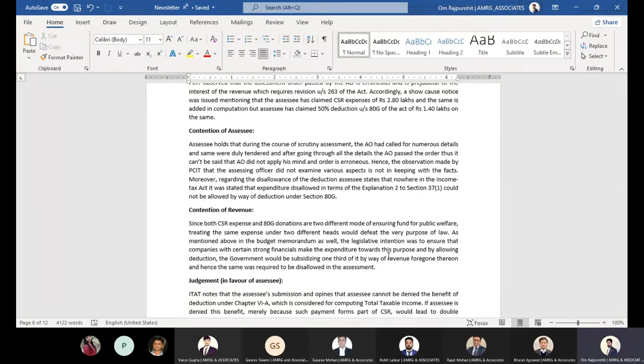On the contrary, the contention of revenue was that since both CSR expense and 80G donation are two different modes of ensuring funds for public welfare, treating the same expenditure under two different heads would defeat the purpose of law.